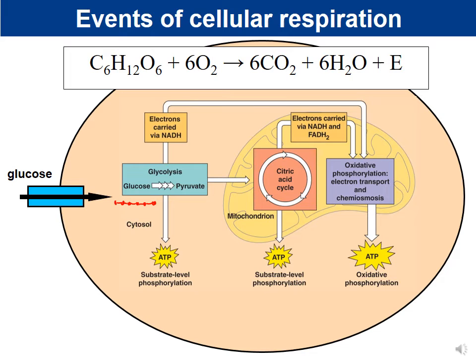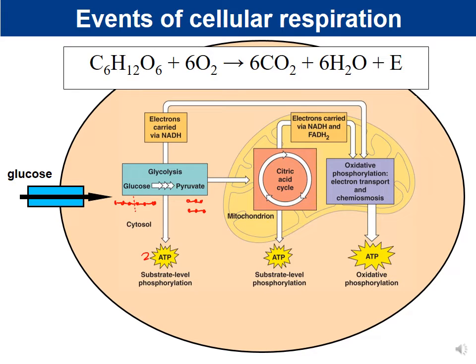And in glycolysis, glyco, sugar, lysis, breaking, we are going to chop that glucose in half. And we get 2 3-carbon pyruvates. Now, during glycolysis, we do get 2 ATP, and we're going to get that by substrate level phosphorylation, which you'll see in a minute.